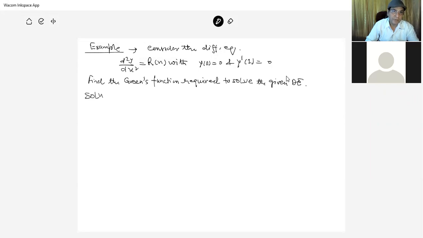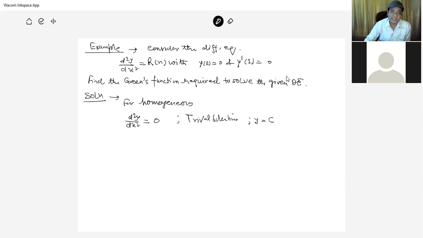Solution. For the homogeneous equation, that is d2y by dx square is equal to 0, the trivial solution of this equation is, say, y is equal to a constant c e raised to the power mx.